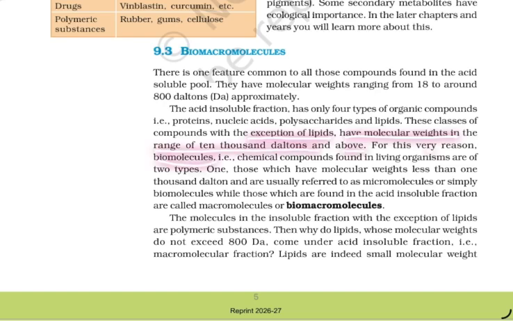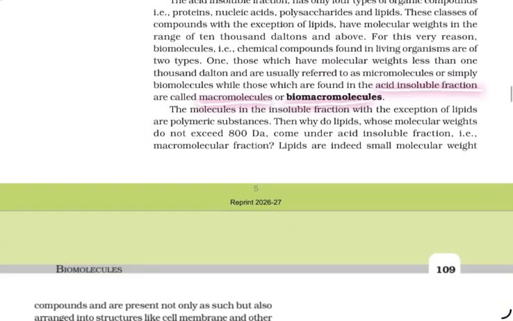For this reason, biomolecules, the chemical compounds found in living organisms, are of two types. Those with molecular weights less than 1,000 Dalton are usually referred to as micromolecules or simply biomolecules, while those found in the acid insoluble fraction are called macromolecules or biomacromolecules.